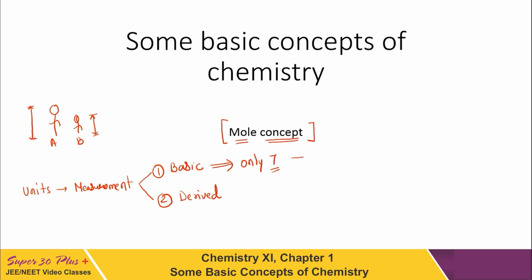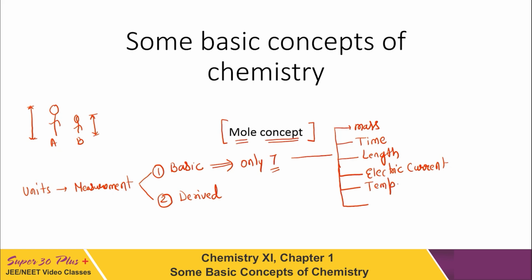So which are the 7 basic units? Number one is mass, then time, length, electric current, temperature, intensity of light, and the last but not the least, mole.